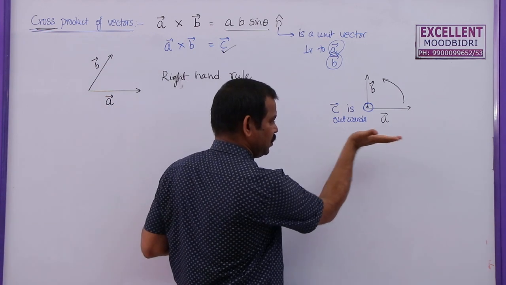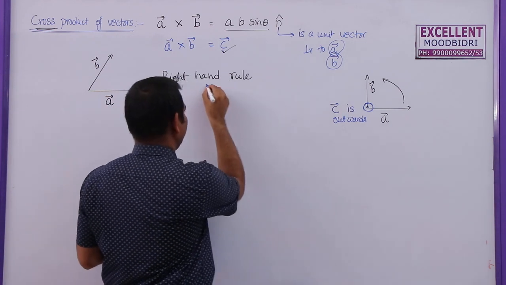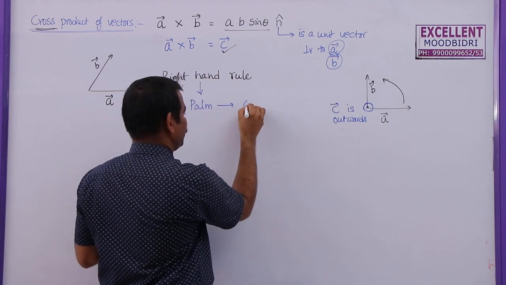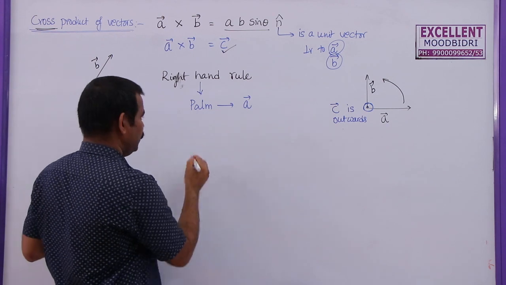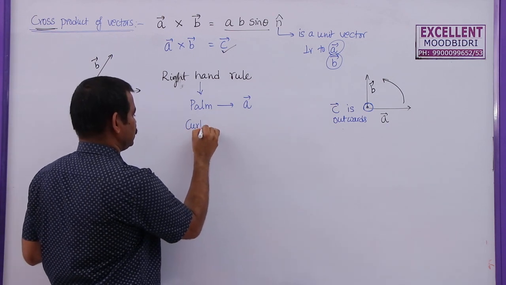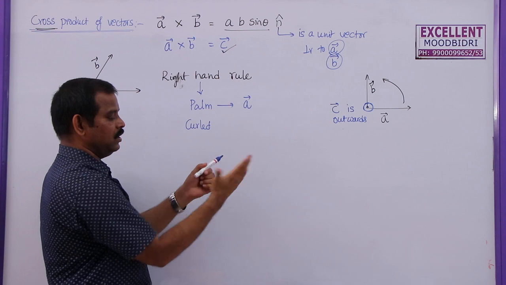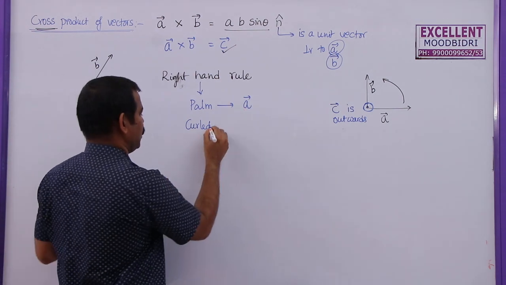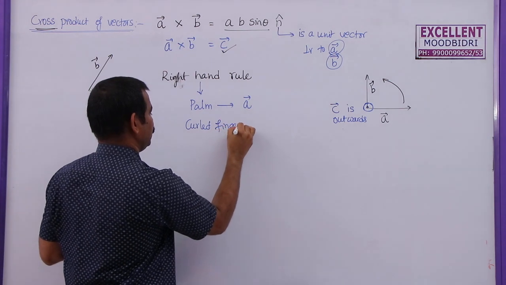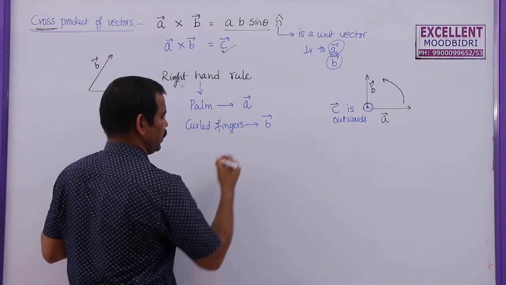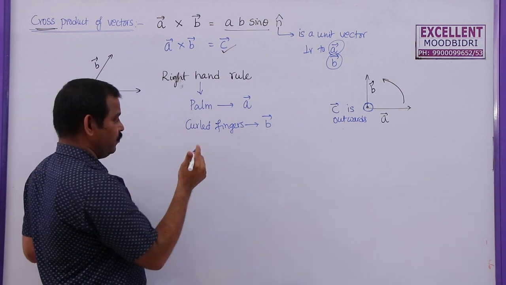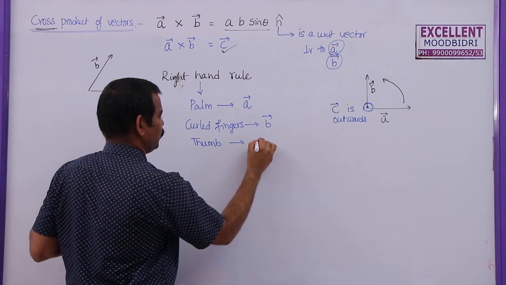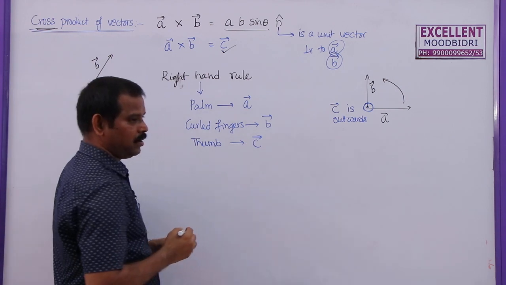Your palm will give the first vector, in general A bar, and the direction of the curled fingers, so my fingers are curled like this, is the direction of B vector. Curled fingers will give the direction of the second vector, and the thumb will give the direction of the product of A bar and B bar.